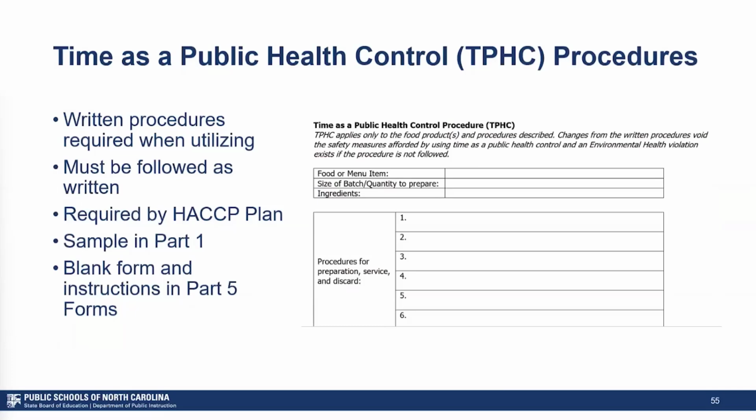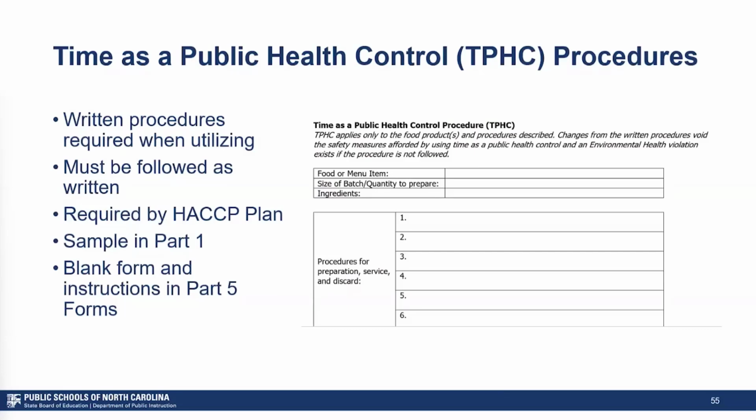Now I want to talk more about time as a public health control procedures, which we've mentioned already in this webinar. Time as a public health control, which we call TPHC, applies to menu items using time without temperature control as the public health control before cooking or for ready-to-eat TCS foods displayed or held for sale or service.